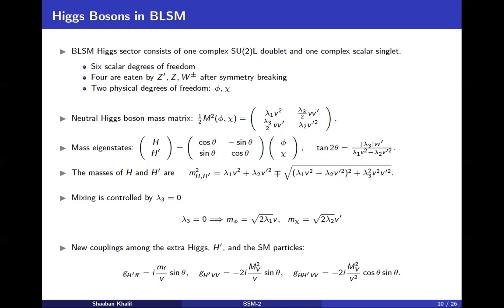So this doesn't make a separation or decoupling between the two sectors, B minus L and the electroweak. So lambda 3 in the Higgs potential allows mixing between chi and phi, and then the B minus L sector and the electroweak sector will be interacting together.